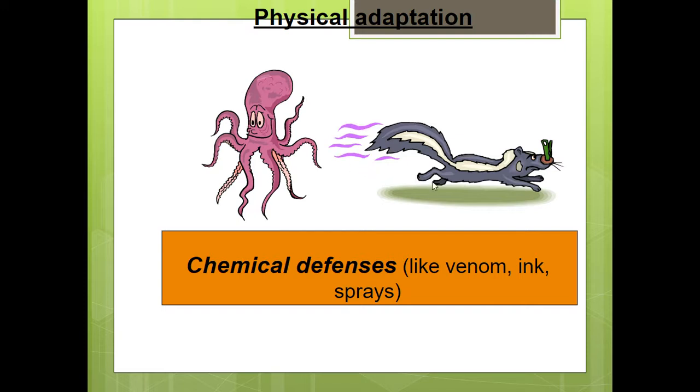And I think this one's a great example, a spray like a skunk has. If a predator gets close to a skunk, the skunk will spray and it smells really bad. So the predator doesn't want to get anywhere near that stinky skunk and it will leave it alone. So the spray helps protect the skunk from predators. So it's an adaptation.